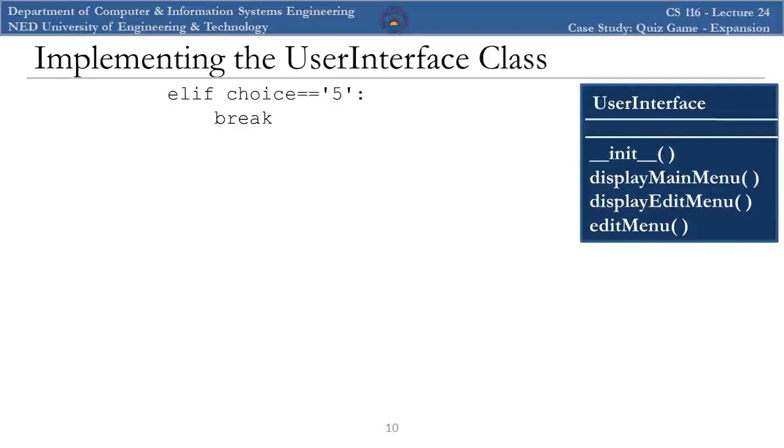So I'll just break. Okay, if you go to that initiator method, you'll see this break will take me to the outer loop. Actually, this break will break me from the current loop in this method edit menu, and then I'll go back to the outer loop, which is in the constructor.